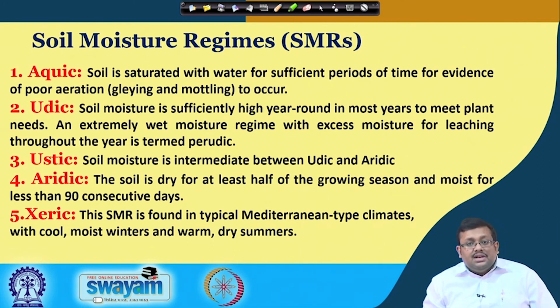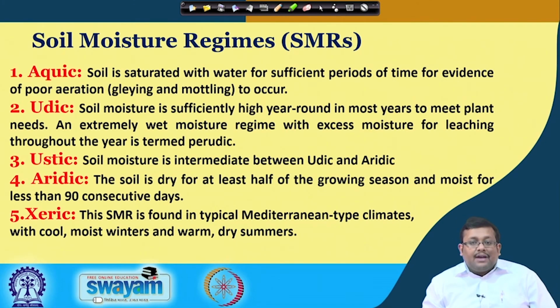So, let us first discuss what is soil moisture regime. Soil moisture regime basically shows the wetness condition of the soil horizons and their respective duration. The soil moisture regime, or SMR as the acronym, can be divided into 5 different categories.